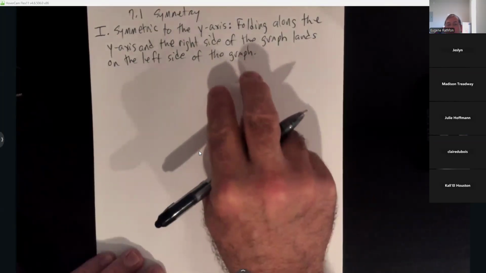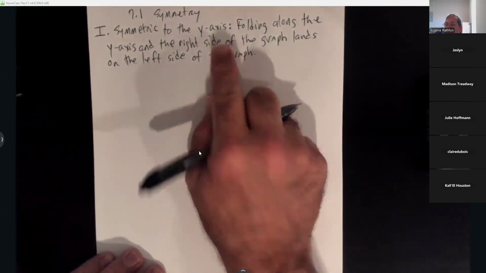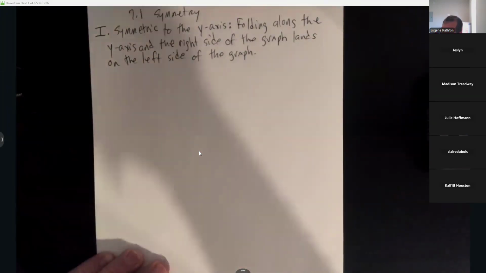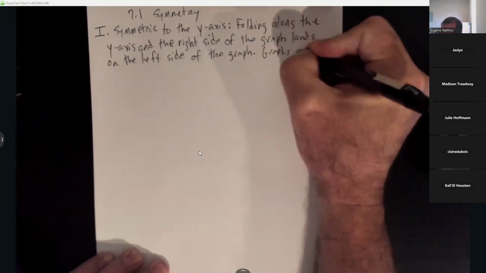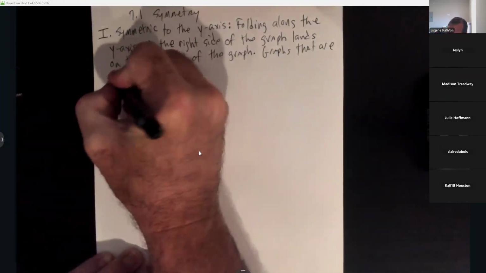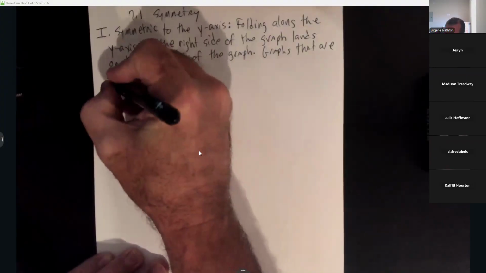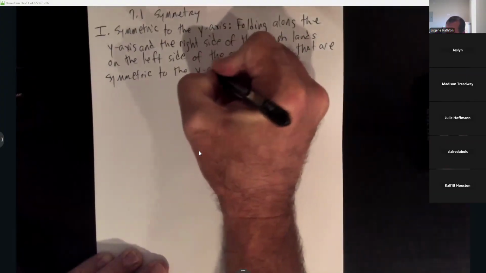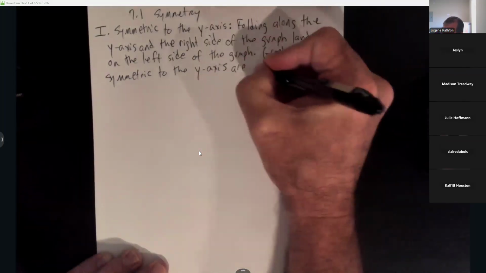Also, if a graph is symmetric to the y-axis, we say that they are what we call even functions. So graphs that are symmetric to the y-axis are even functions.